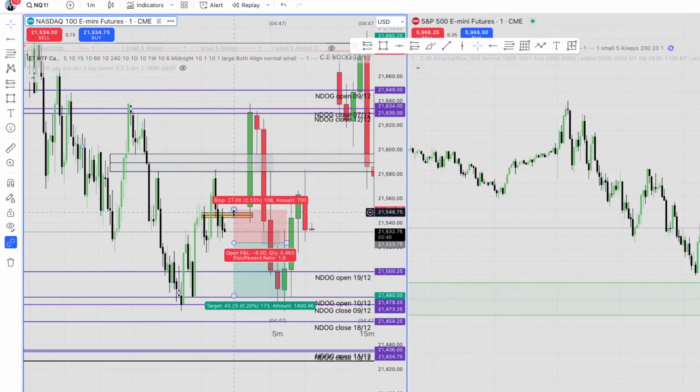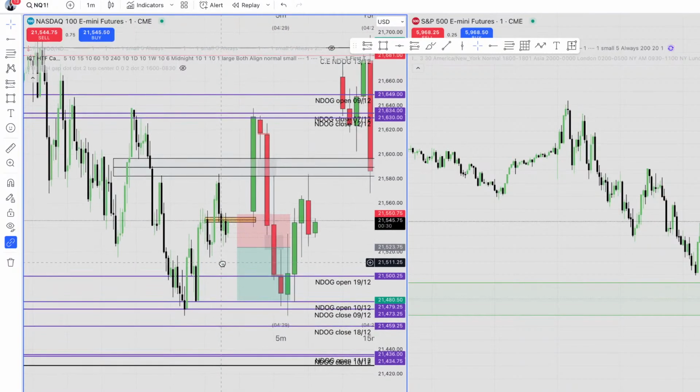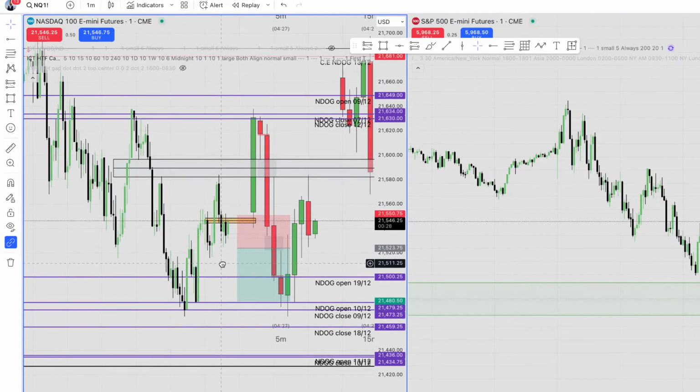I would have a good stop loss with a nice TP. That's 43 points TP. That's almost $900. But look, yeah. You really don't want to enter when you're not confident or the price is not delivering nicely.